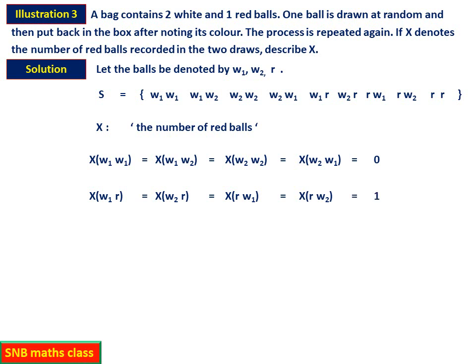All these will be 1: X of W1R, W2R, RW1 and RW2. And the next one is X of RR, so that will be 2. So X is a random variable because it's a function from the sample space to a real valued function, a subset of the reals, and the subset consists of 0, 1 and 2. So we can write that X takes the values 0, 1 and 2. So this is illustration example 3.